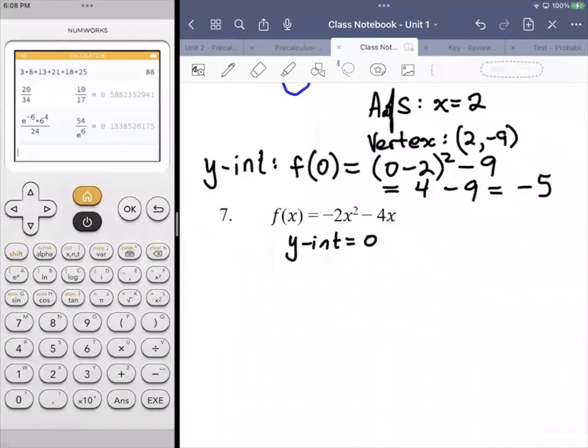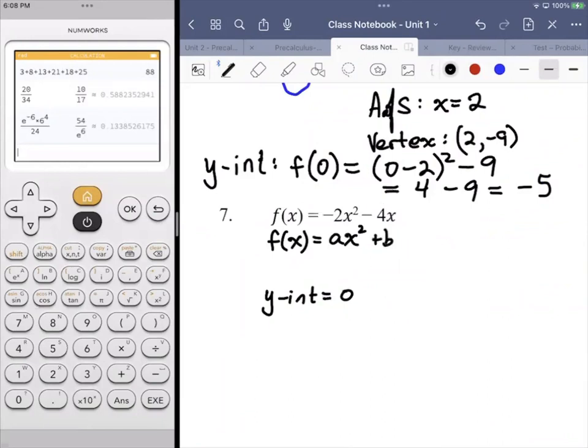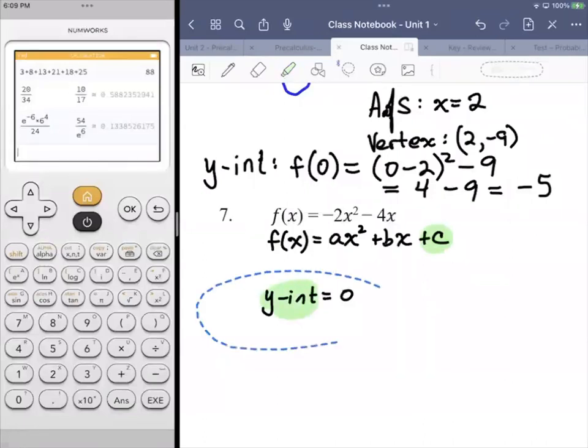Again, that's just matching this, or stacking it up against the general form of a quadratic. If there's no c value there, that c value must have been 0. So again, this is our y-intercept. You could pull that right off the get-go.